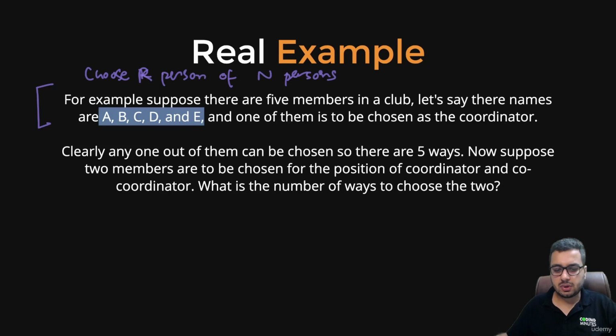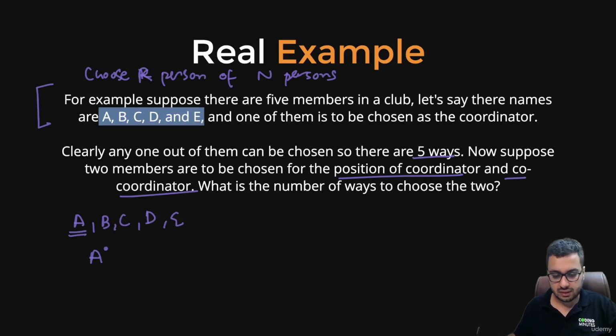But suppose there is a change in the question. Now we want to choose 2 people out of 5 people, but the first person should be chosen for the position of captain, and the second should be vice captain or vice coordinator. If you have 5 persons A, B, C, D and E, earlier I chose A in one of the ways, and now I can choose one of the remaining as co-captain.